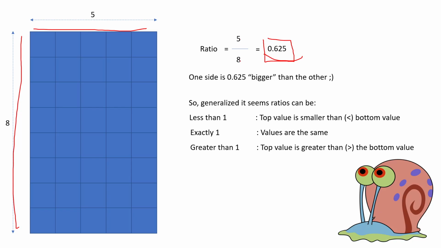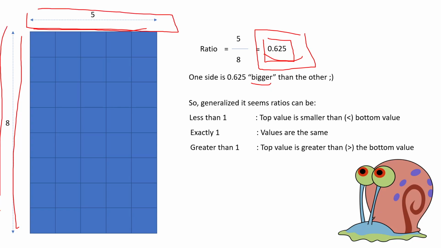So 5 is less than 8, of course. And we can see that from the ratio, that's the whole thing. So one side is 0.625 times bigger than the other, where in this scenario bigger actually means smaller, because of course the 5 here is smaller than the 8 there. That's all it says.